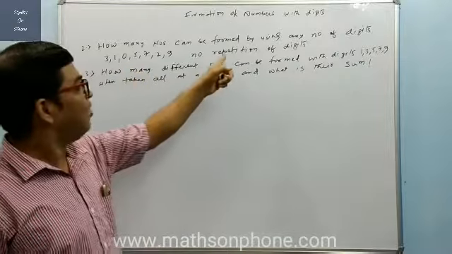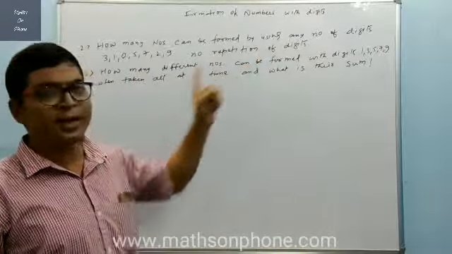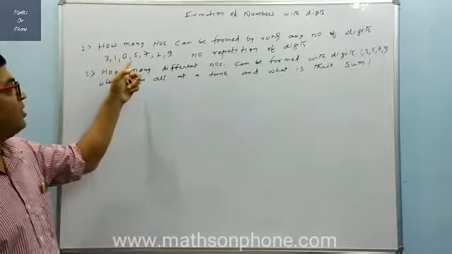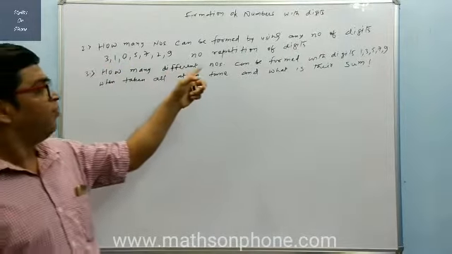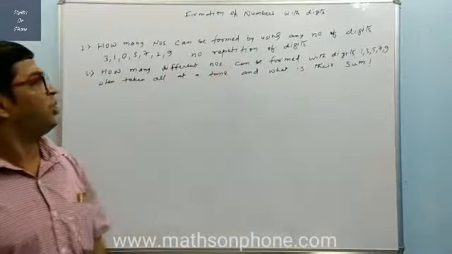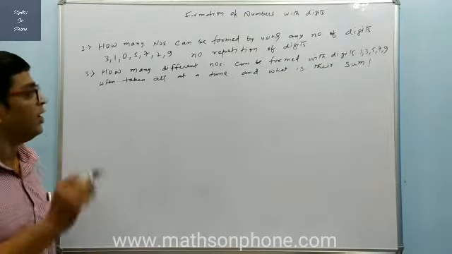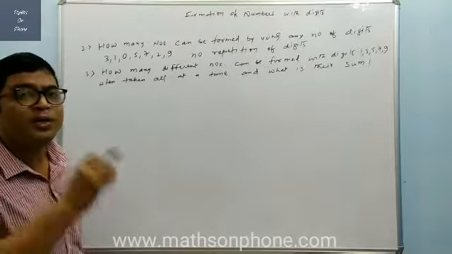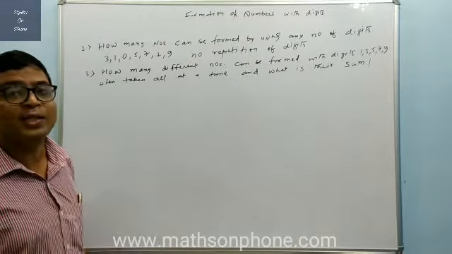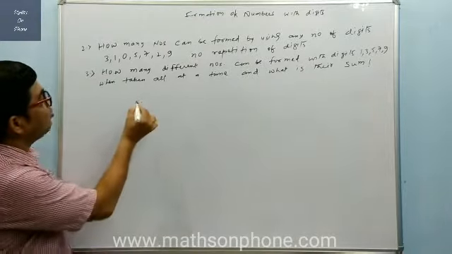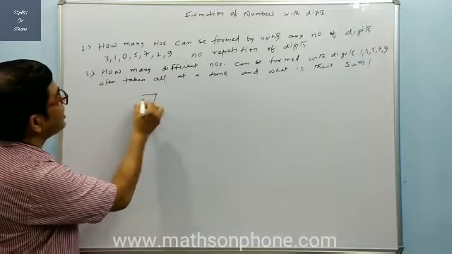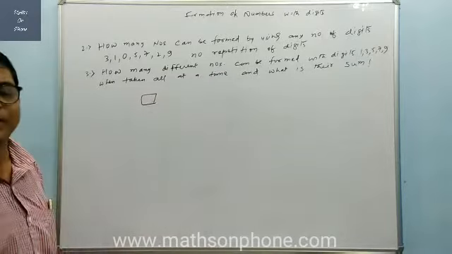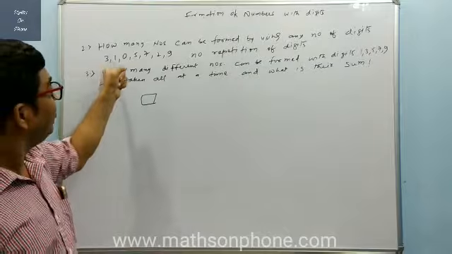How many numbers can be formed by using any number of digits of 310579 with no repetition of digits? See, it can be a 1-digit number, a 2-digit number, a 3-digit number, like that. Suppose I have to find 1-digit numbers. That means one box is to be filled up with the digits.